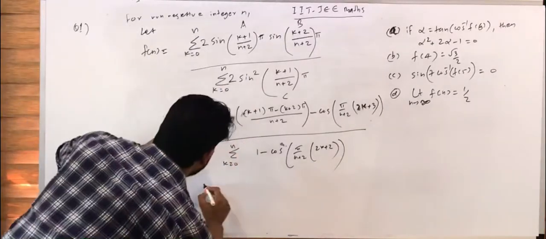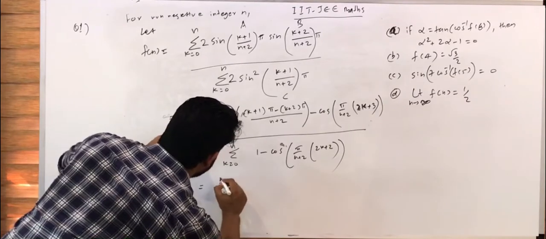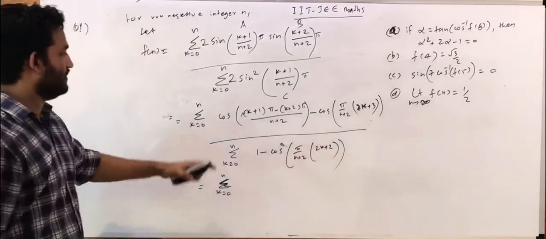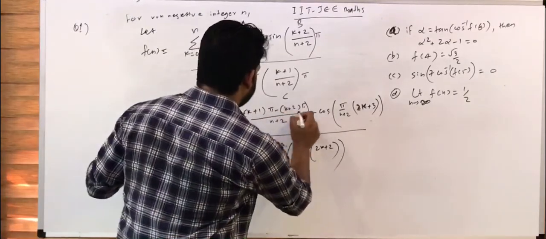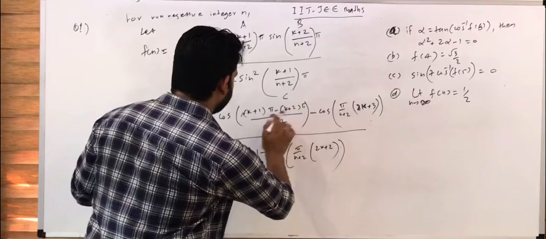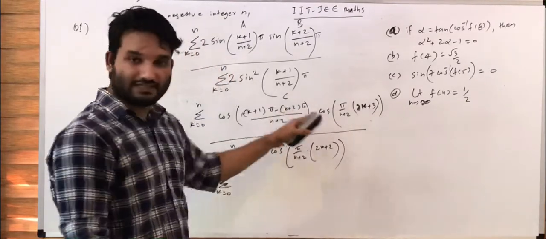Now if I simplify, this will become the sum, k varies from 0 to n, of cos of k pi gets cancelled, then remaining pi minus 2 pi, that is minus pi.